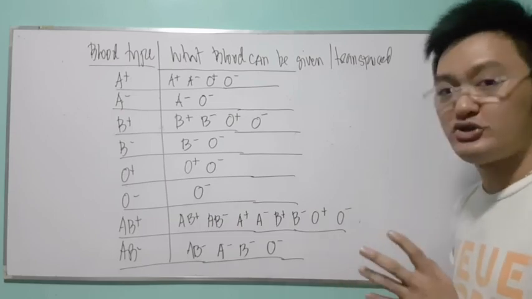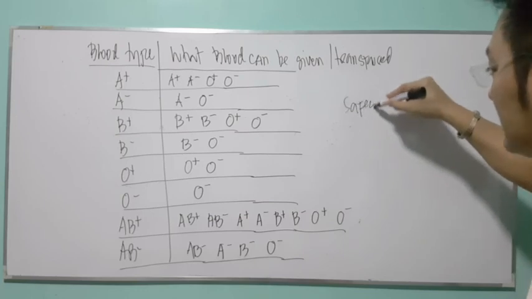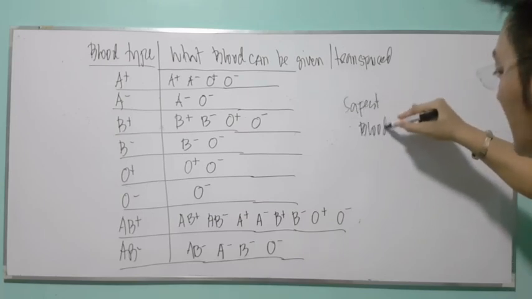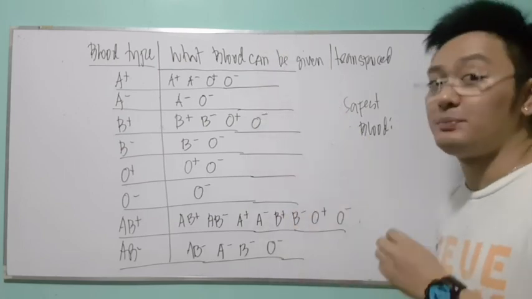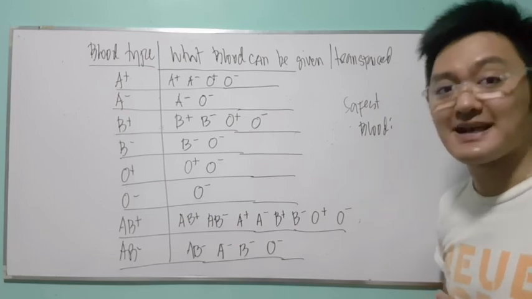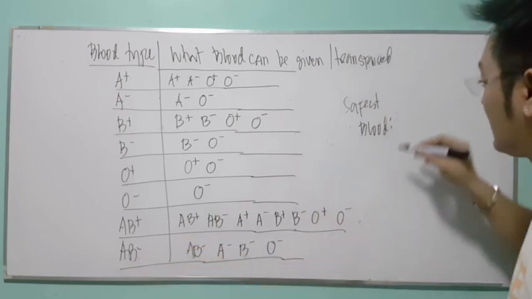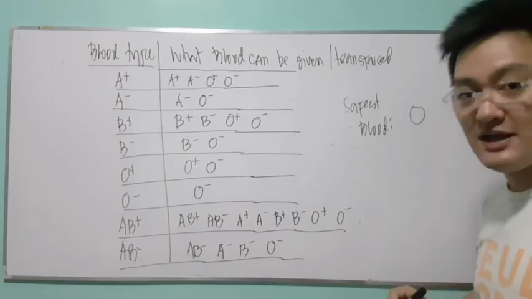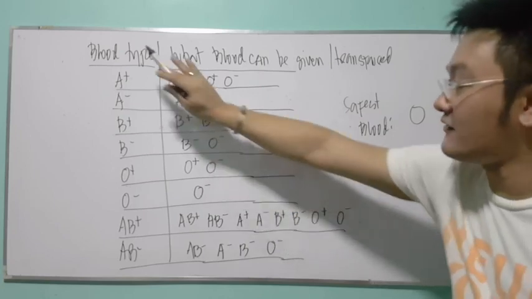What if you don't know the blood type of the patient? What do you think is the safest blood? You try to analyze what type of blood can be given to any type of blood. We said the universal blood donor is O. Am I right? If you notice, O can be given to any type of blood.